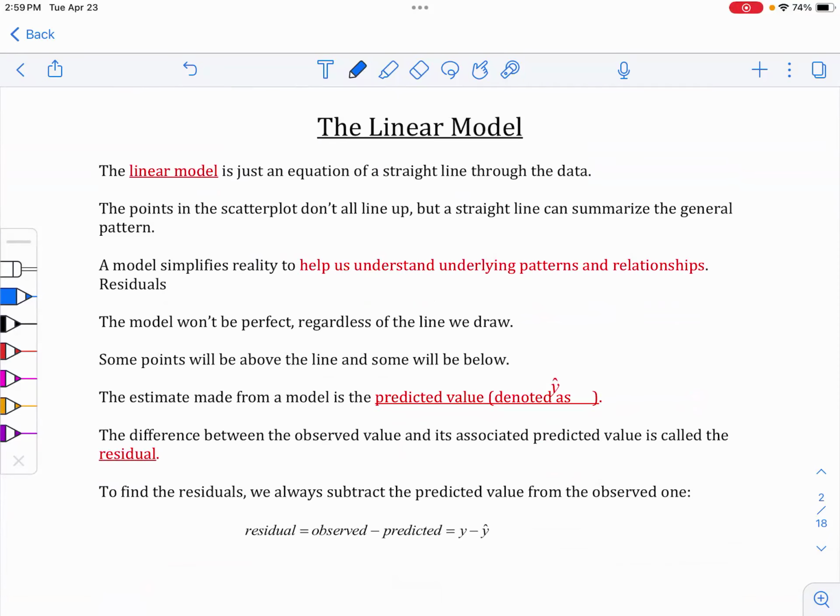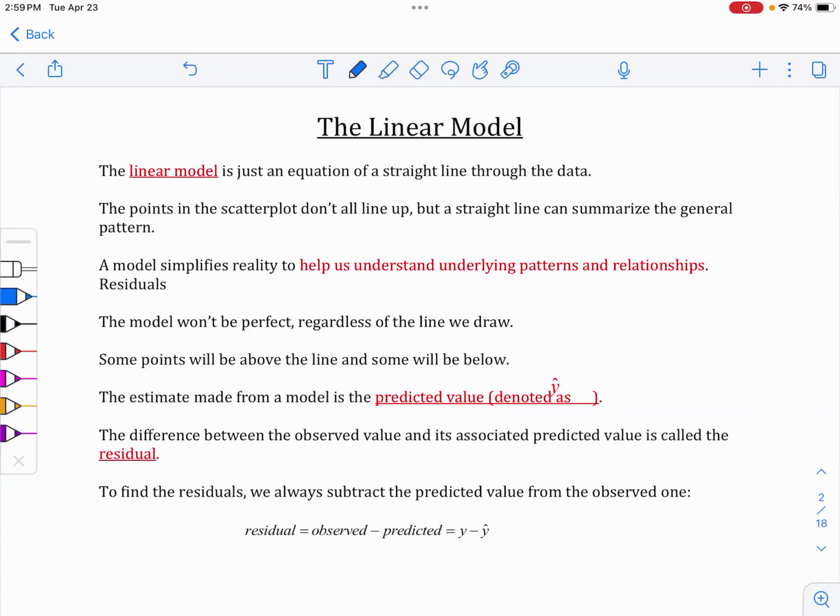The linear model is about fitting a line to the data set, a line that we're actually going to be familiar with. Before we get to that line that we're going to fit to the data set, we have to talk about the stat version of this, because a line is something you're familiar with.